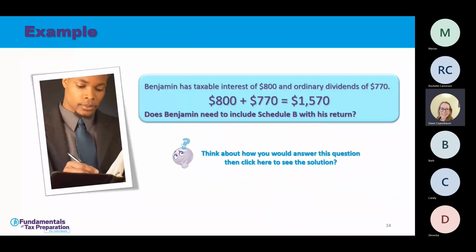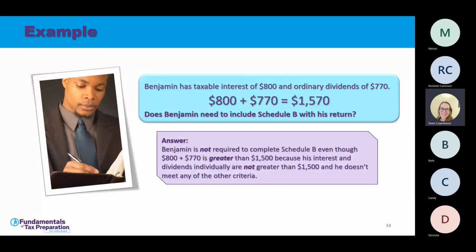So for example, Ben has taxable interest of $800 and ordinary dividends of $770, which equals $1,570. Does he need to file a Schedule B with his tax return? Nope, he doesn't, because neither his dividends nor his interest is more than $1,500 individually, and he didn't meet any of the other criteria for having to file it.